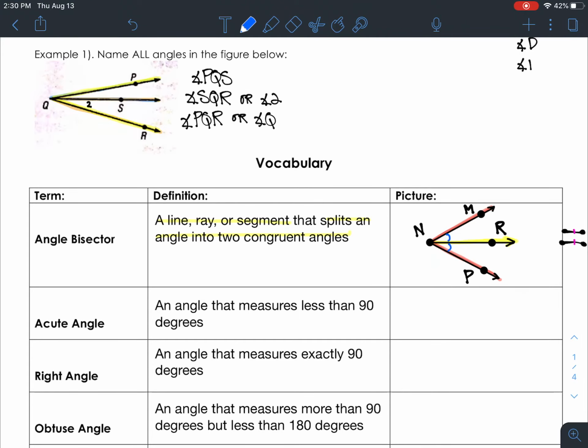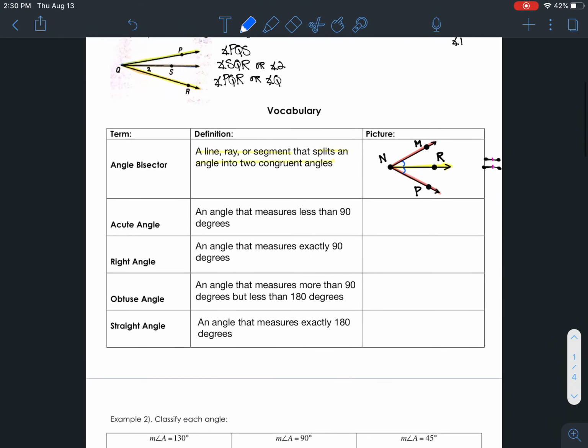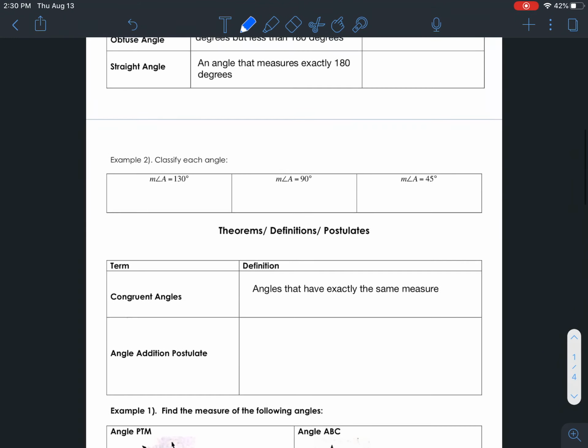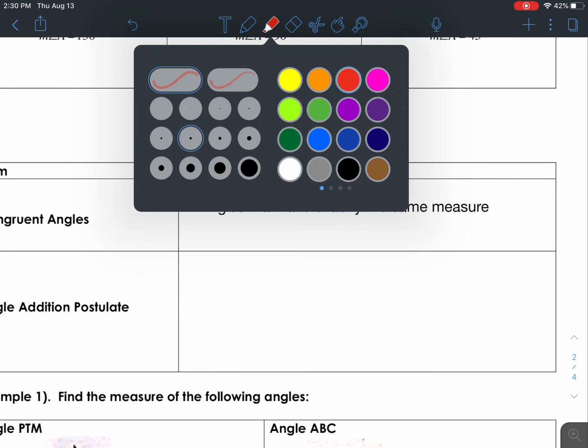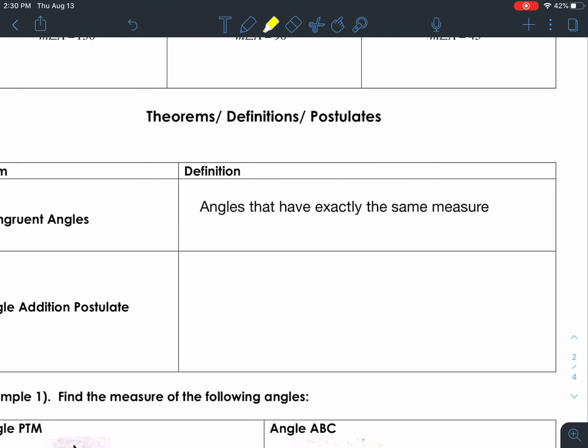Now, let's actually segue. I'm going to come all the way down here to congruent angles. What congruent angles are, and I know I've already used this vocabulary term, are angles that have exactly the same measure.